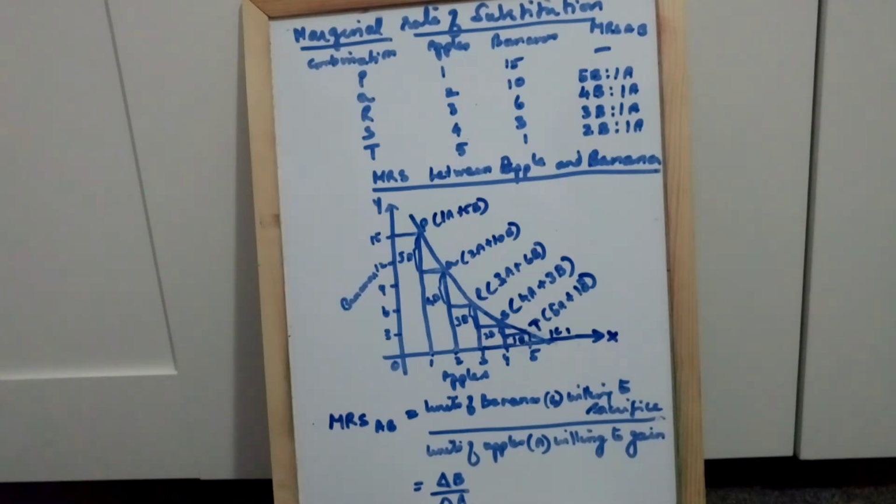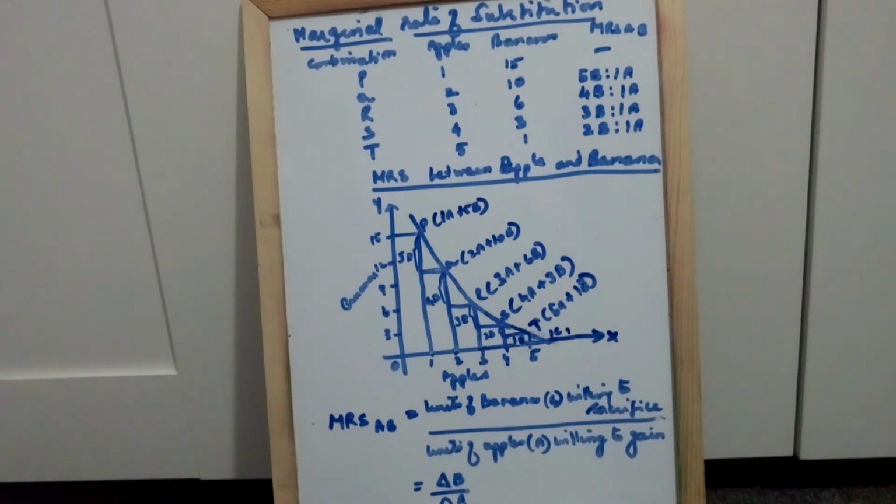Now you see the diagram. Here x-axis represents apples and y-axis represents bananas. P, Q, R, S, T are the points at which various combinations are made.